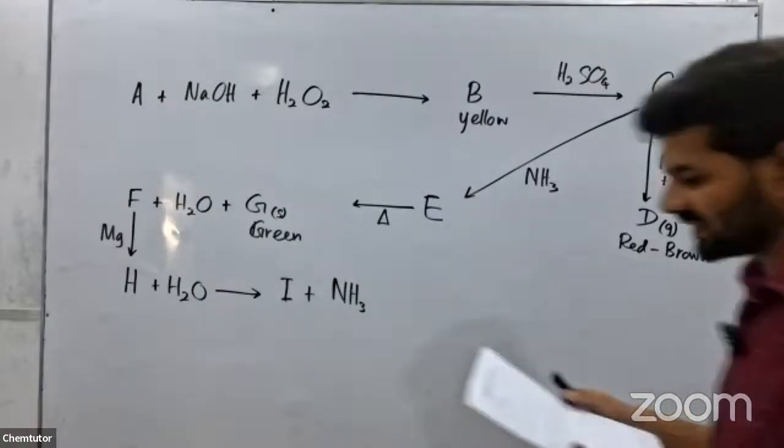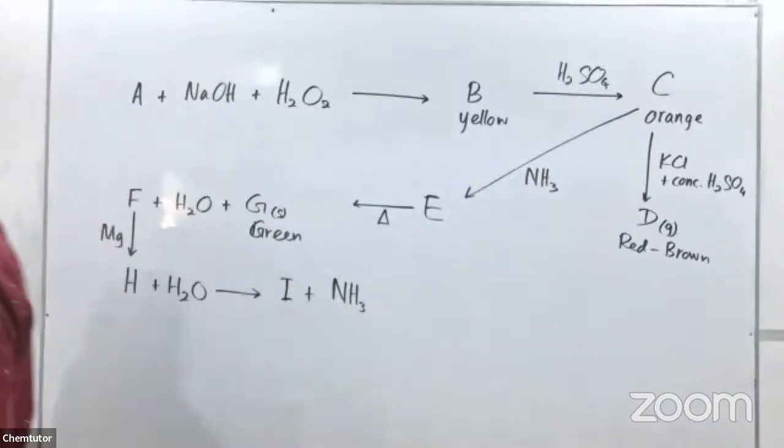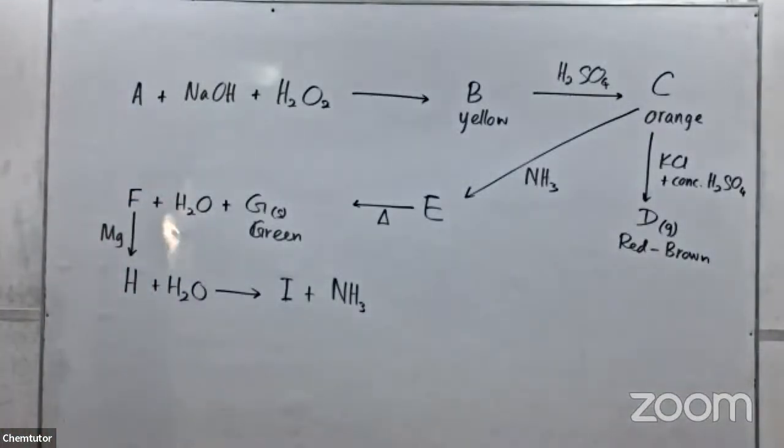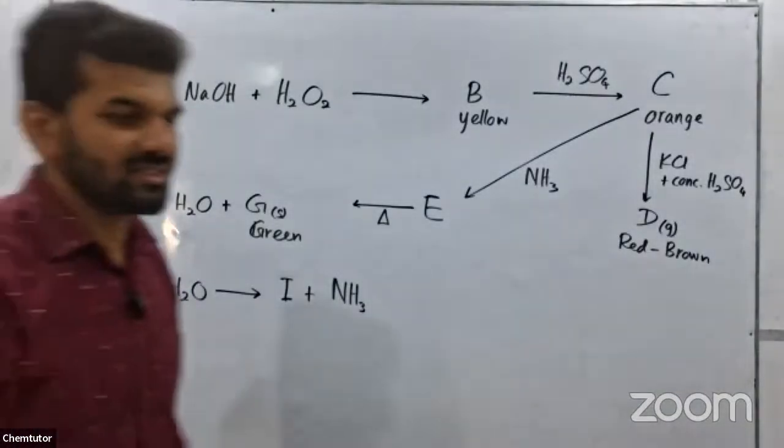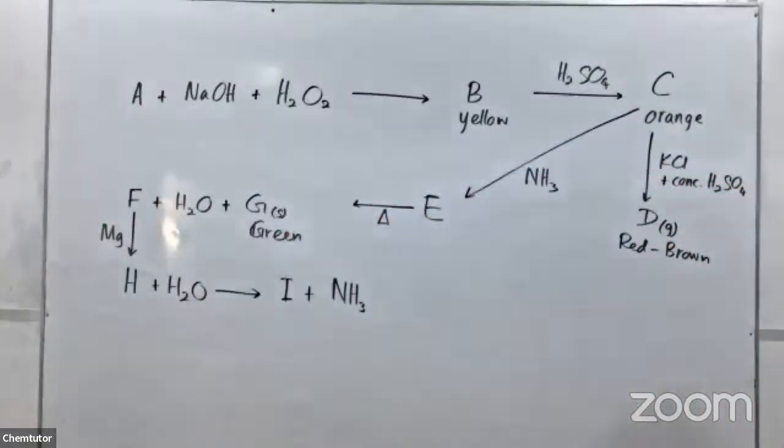There's a typo, it has been given as NH2, it has to be NH3. Right, so this is the flow chart. Now, with the help of this information, we can identify each of these substances. If you have drawn the flow chart like this, now we don't need the question. We can proceed with the flow chart.